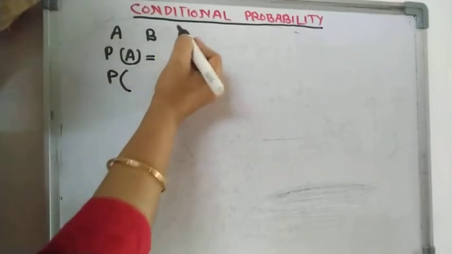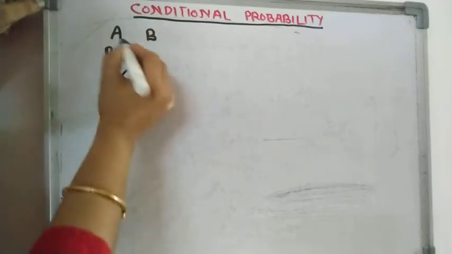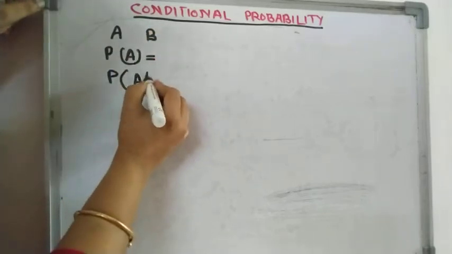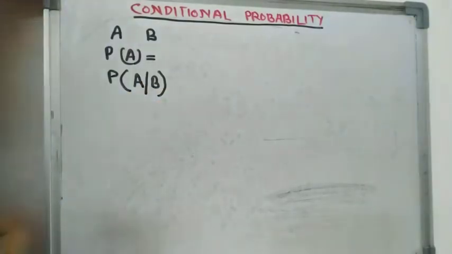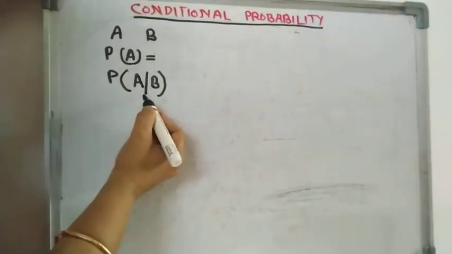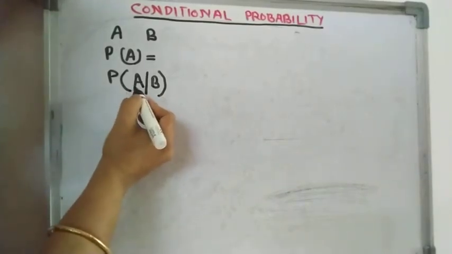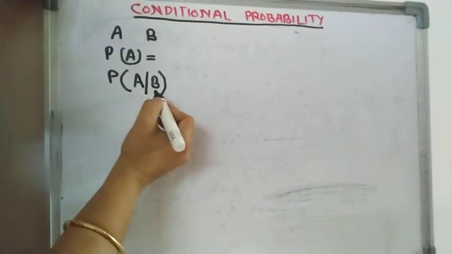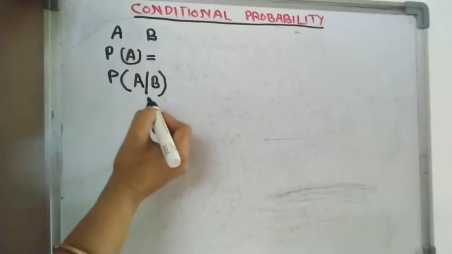When we are asked to find the conditional probability of A where B has already happened, we write it as probability of A given B. We pronounce it as "given". Probability of A given B means we are finding the probability of A utilizing the information of the B event, which has already happened.